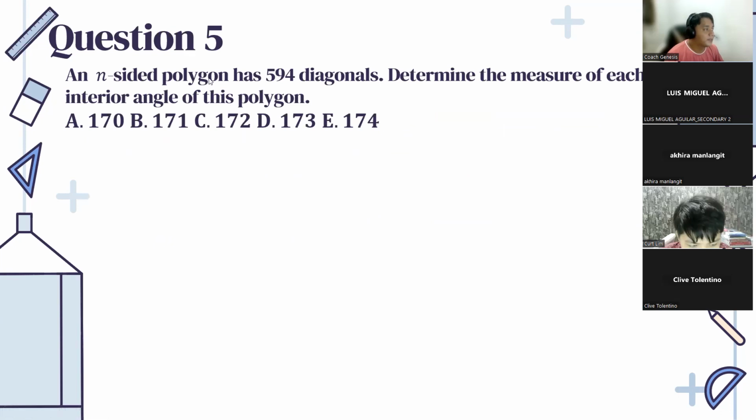Number 5. An n-sided polygon has 594 diagonals. Determine the measure of each interior angle of this polygon. Okay, so we start off with counting the number of sides of this polygon. Using the formula for the number of diagonals, we have n times n minus 3 over 2, which is equal to 594.